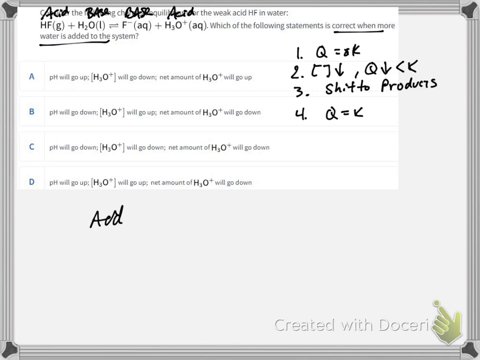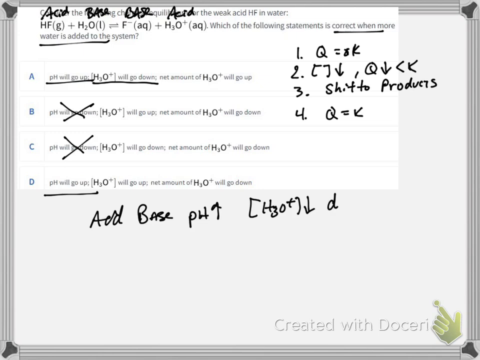And then we say, well, how do we integrate that into one of these answers? Well, since we added a base, pH has to go up, right? So that already gives us A and D, right? pH went up, you added a base. Water is functioning as a base here. Next, H3O plus goes down because of dilution.